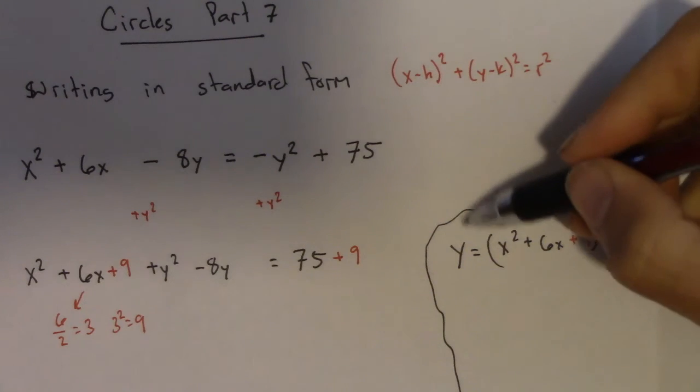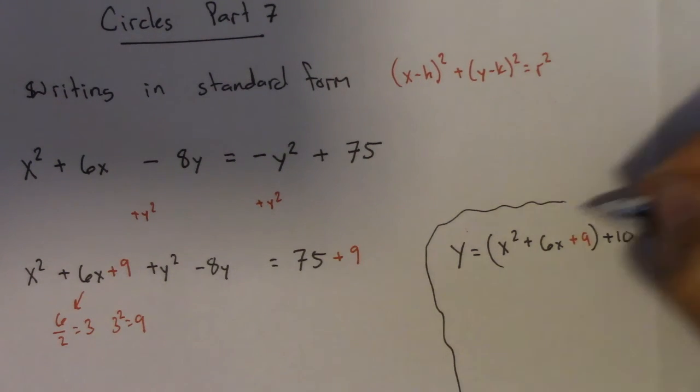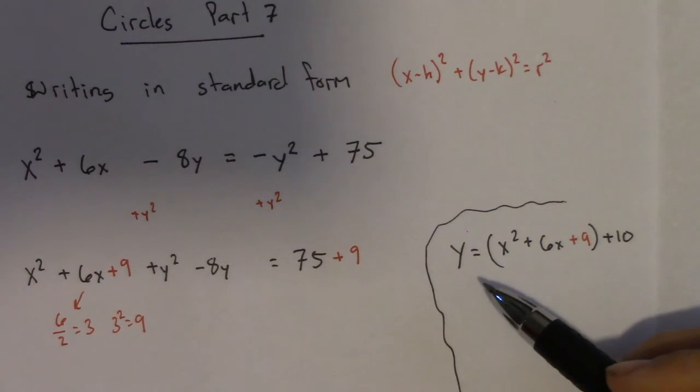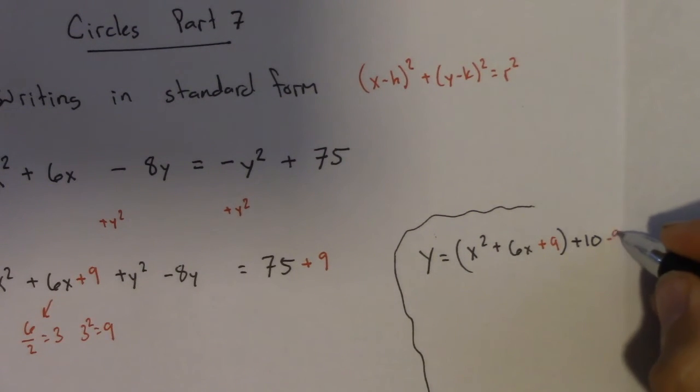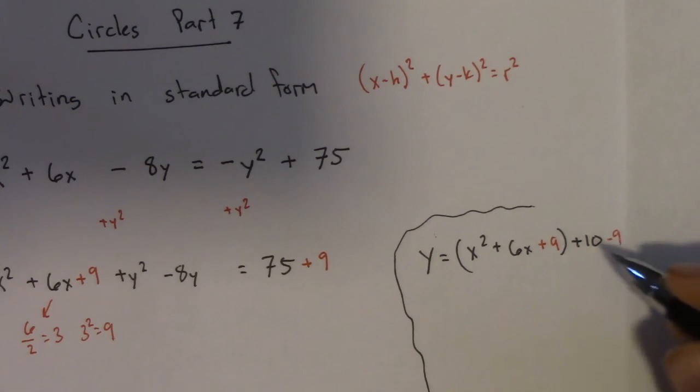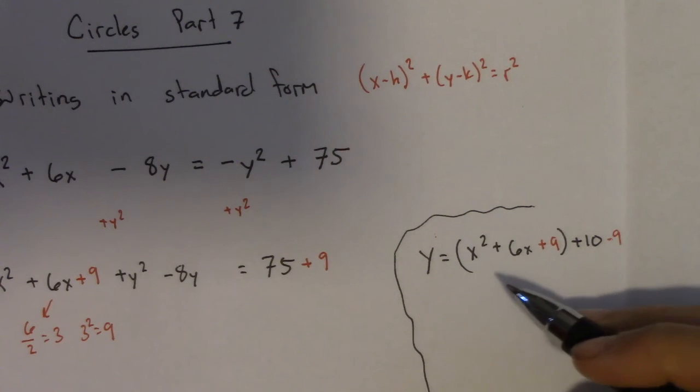I couldn't add 9 to the other side because I wanted to leave y by itself. Since it was on the same side as our equal sign, if I add 9, I have to subtract 9. And so that's why we had the plus 9 minus 9, because they were on the same side of the equality.